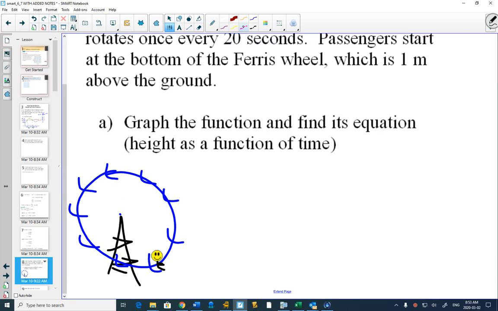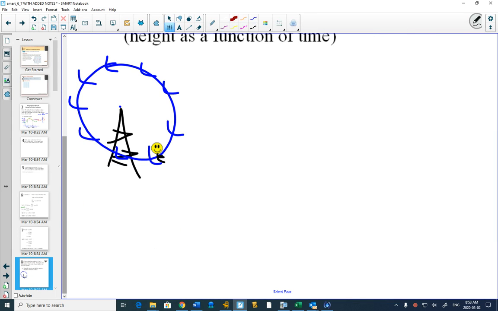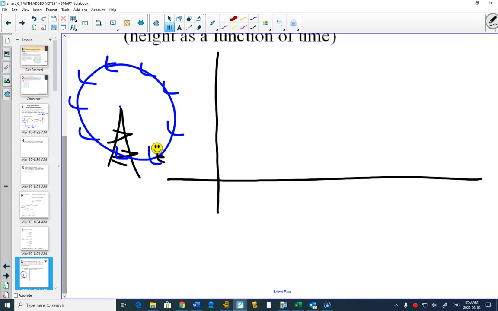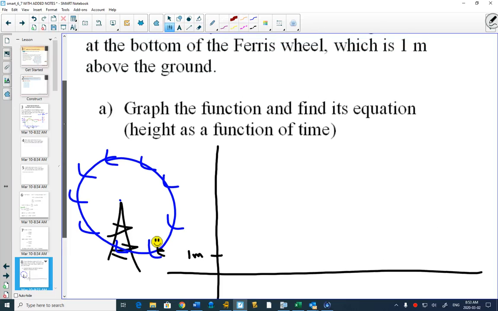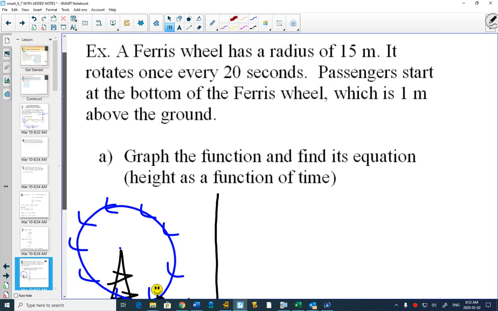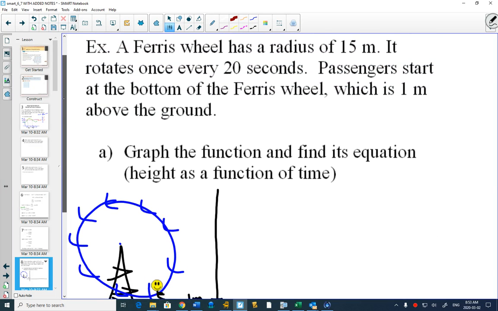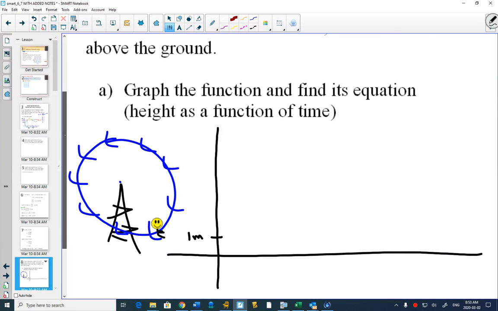Off to the side here, we can draw what's happening, based on the information they've given us. All we know is the radius of the Ferris wheel is 15 meters. So that means from here to here is 15 meters.